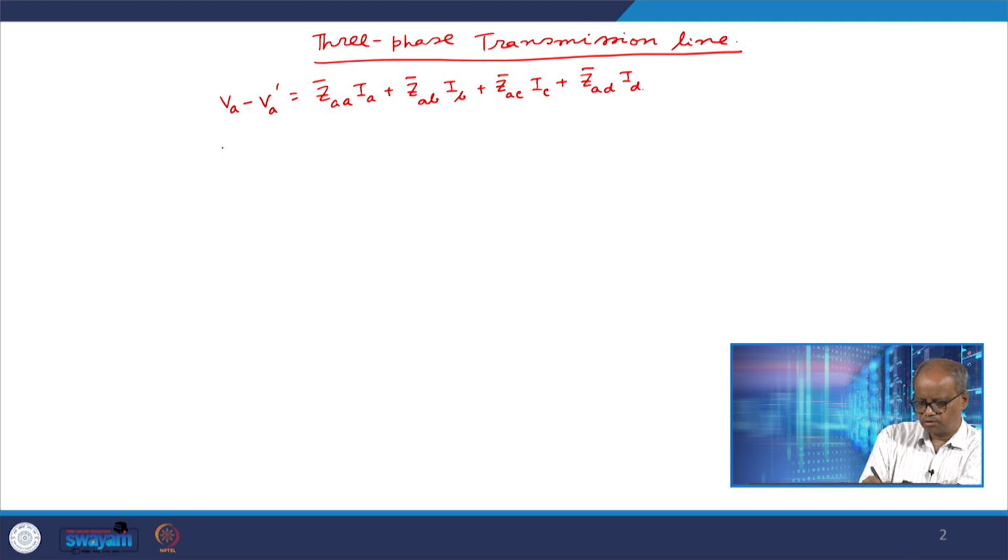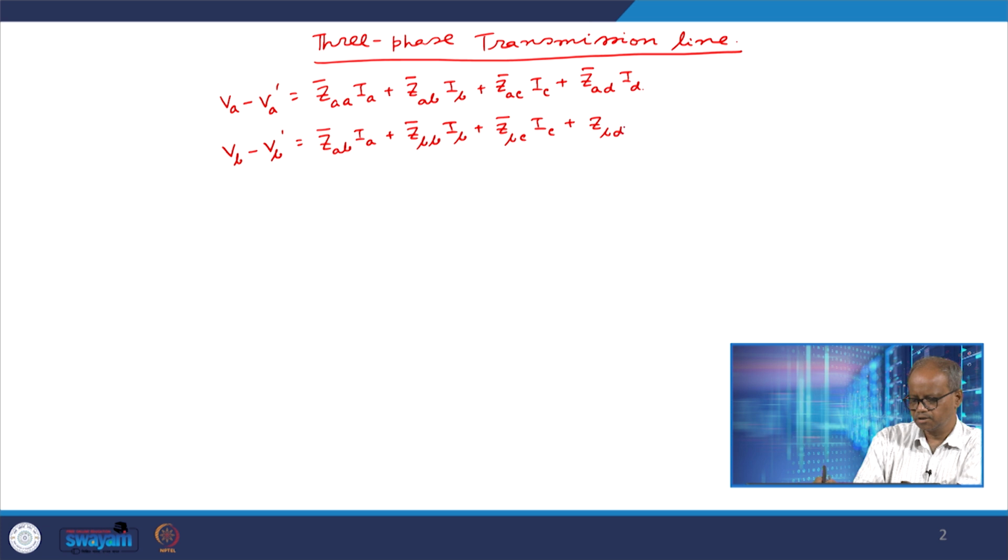Then VB minus VB dash is equal to ZBA, which is ZAB, IA plus ZBB IB plus ZBC IC plus ZBD ID.